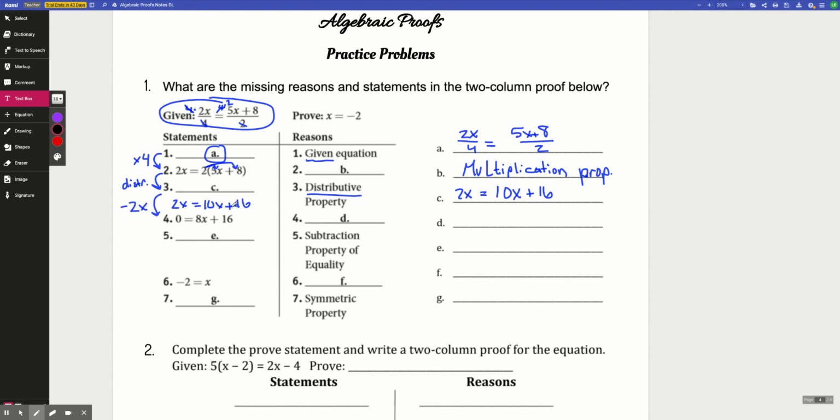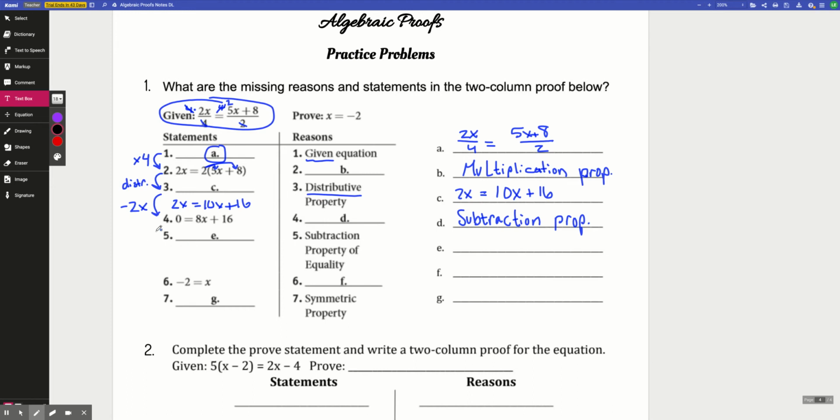We did minus 2x on both sides. So since we're subtracting the same thing on both sides of the equal sign, that is the subtraction property. All right?